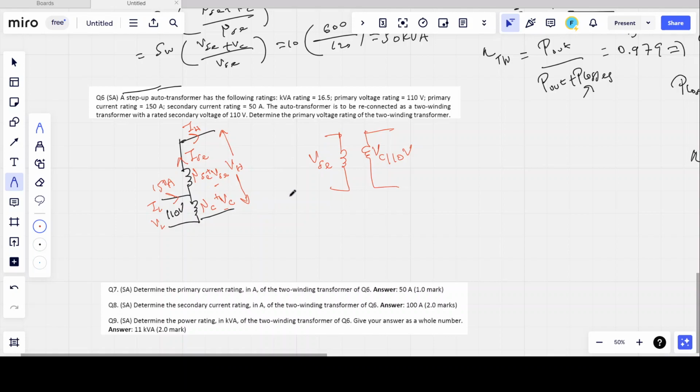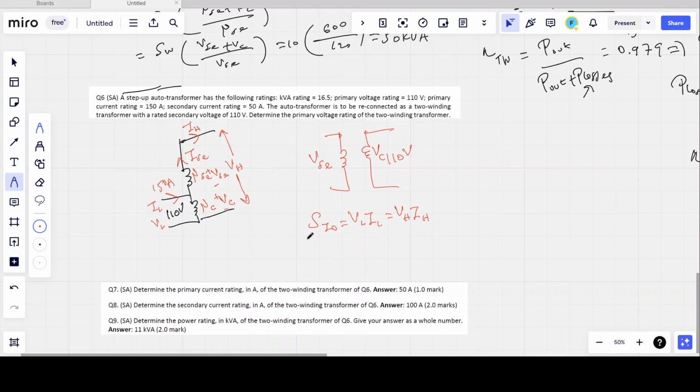So the step is to find the current I high. So the current I high, we get it from this equation. So S input output is equal to V low I low is equal to V high I high. So this is how we find the apparent power of the autotransformer.